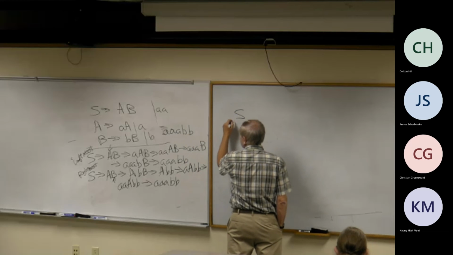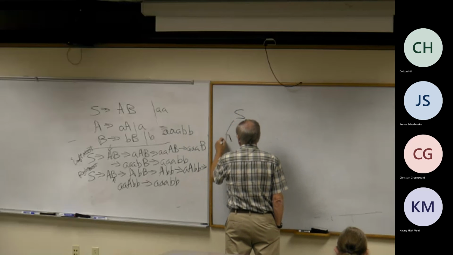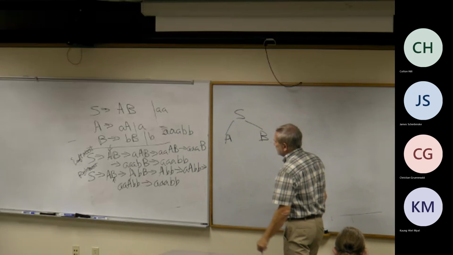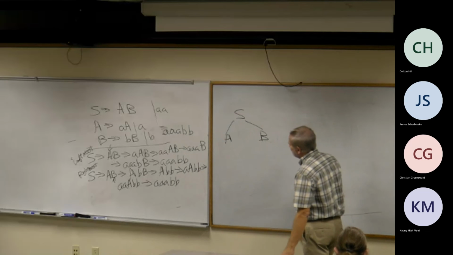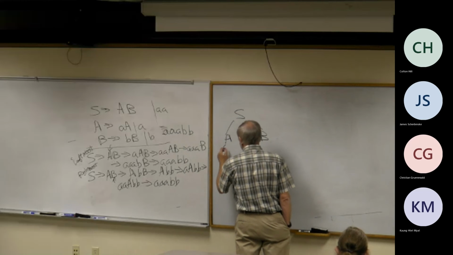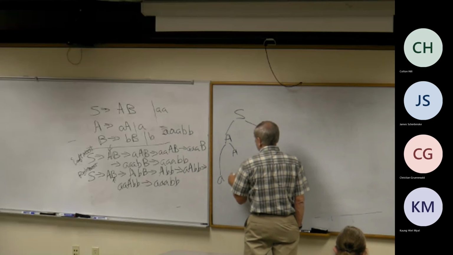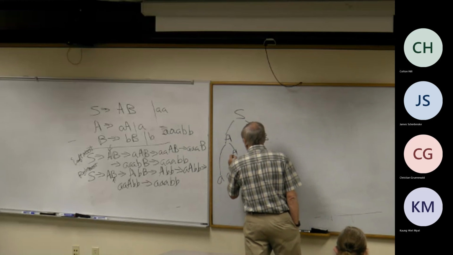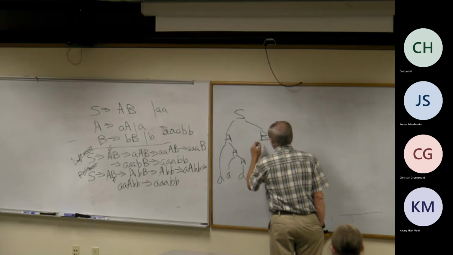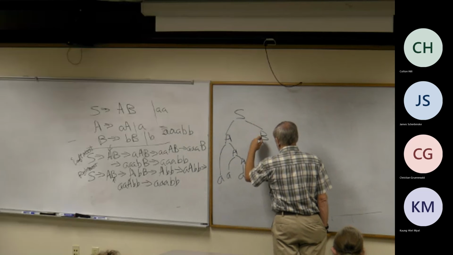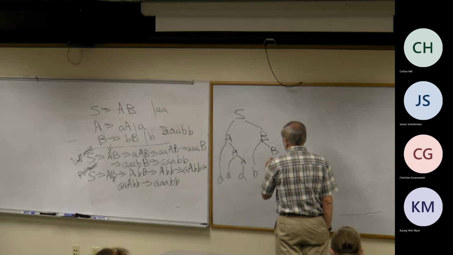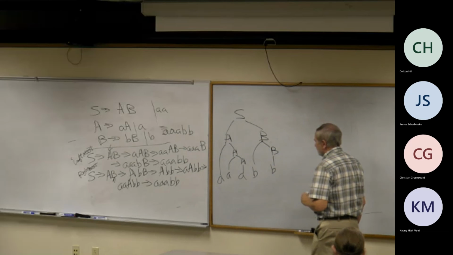So we'd start with S, and children are just going to be the immediate symbols that follow it. And we went down, and again, and the B gives the B, and the B. That's it.